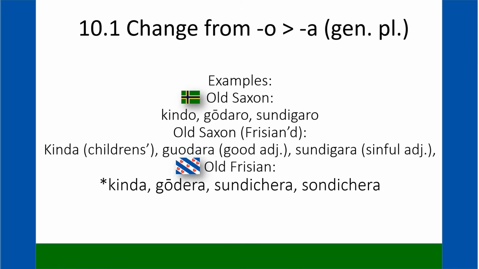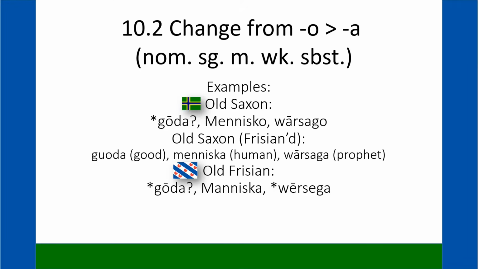And finally, in Old Frisian, we have kinda, godera, sundikera, or zundikera, or sondikera, or a later pronunciation with the initial S, zondikera.